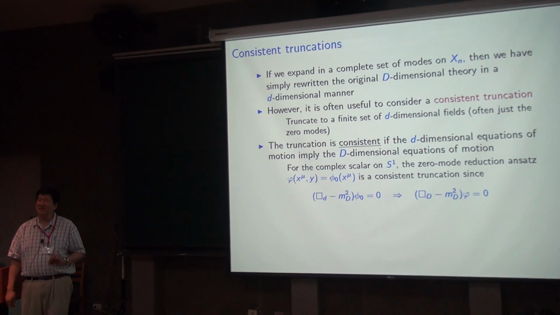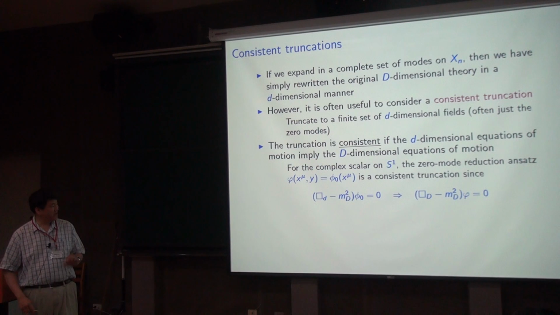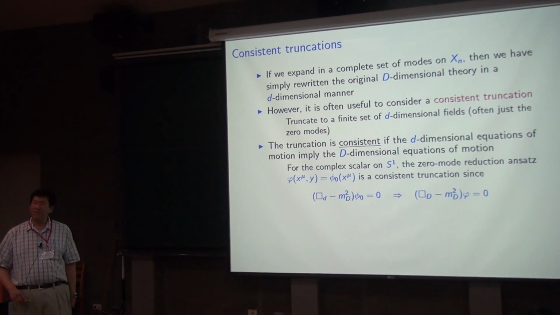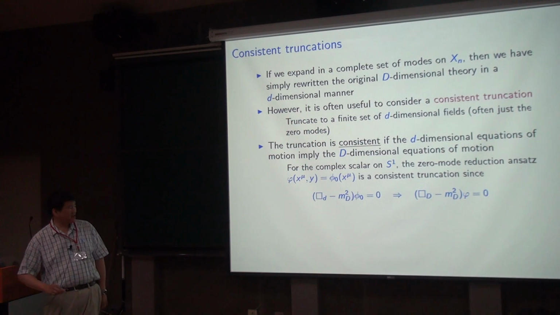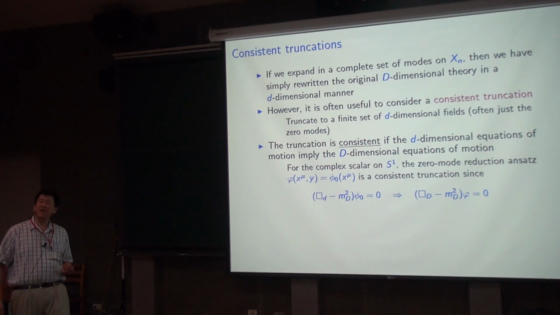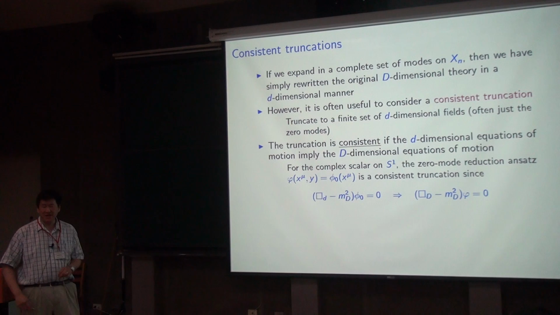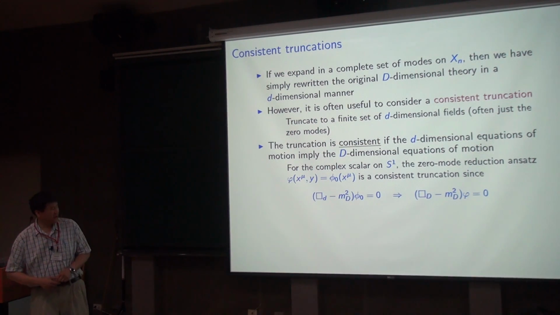Now this seems like a bit of a simple exercise for a simple circle reduction. However, this notion of consistency, lower dimensional equation implying higher dimensional equation, is highly non-trivial in a lot of more sophisticated constructions like the sphere reductions.